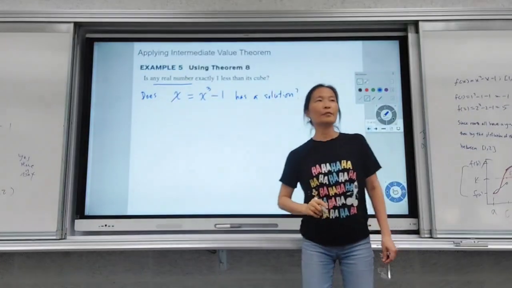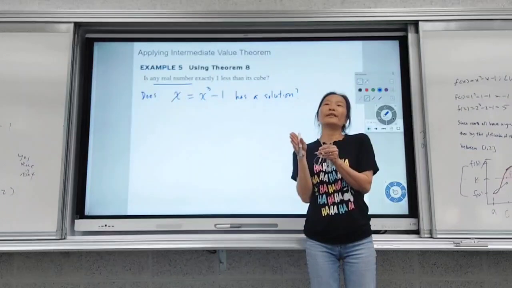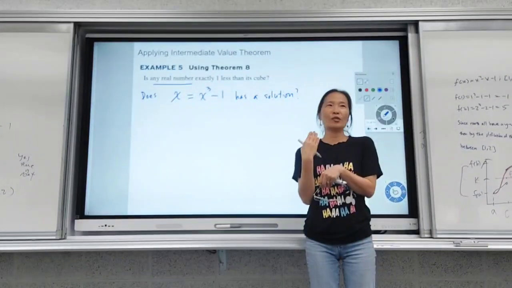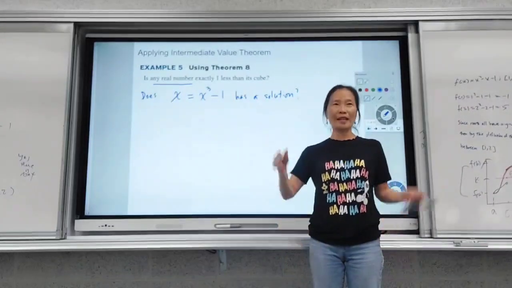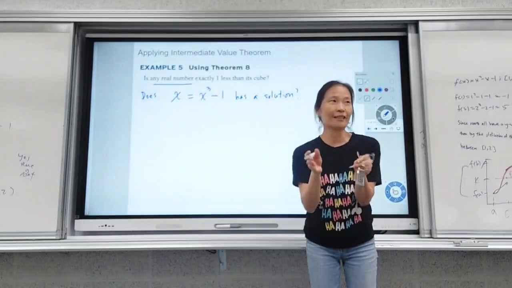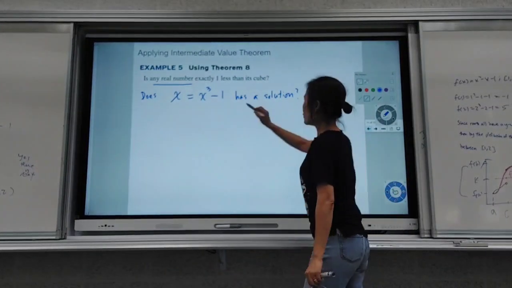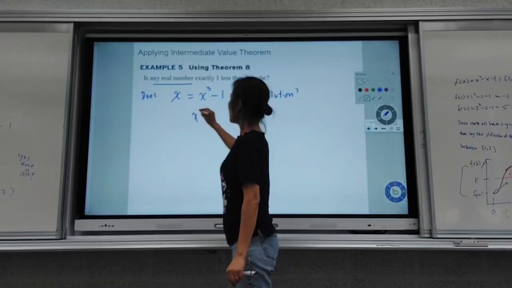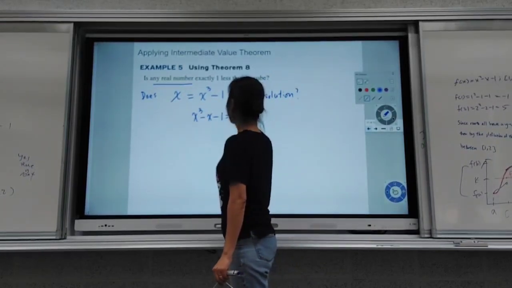Usually with the IVT, we can use that to find the solution within 2 numbers. We don't necessarily find the solution by using IVT, but we can narrow in. Okay, the solution will be in this interval. Does it make sense? So I can change that to x cubed minus x minus 1 equal to 0.